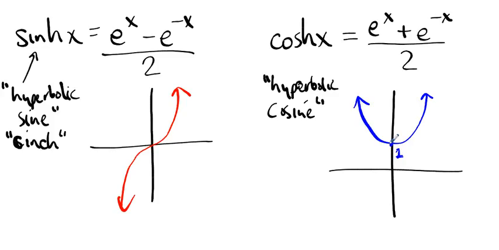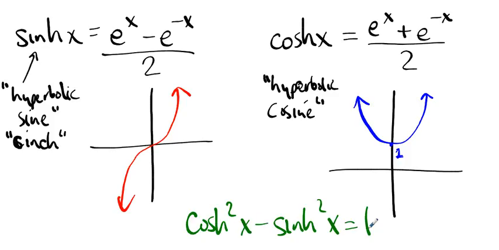Why are these called trig functions? Oh, you ask an excellent question. You may remember with trig functions that sine squared plus cosine squared was 1. But with hyperbolic trig functions, cosh squared minus sinh squared is 1.